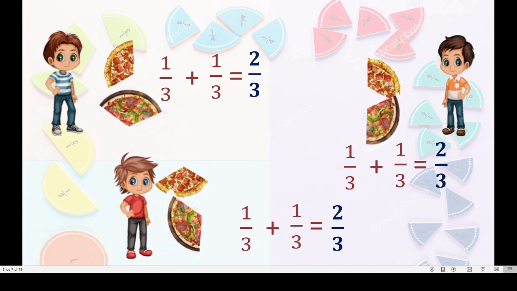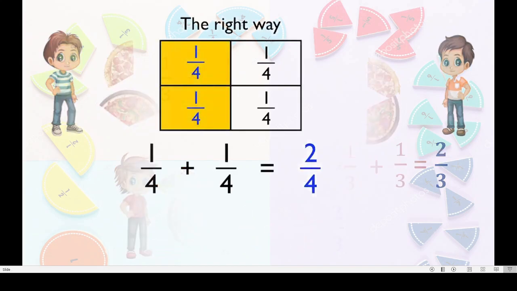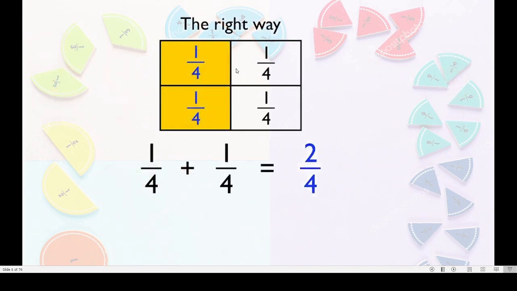Got this, children? When we add the same denominator numbers in the fraction, we can add directly. Okay? Now we will try to solve some more like this. See the right way. Here you can see a rectangle is divided into 4 pieces.